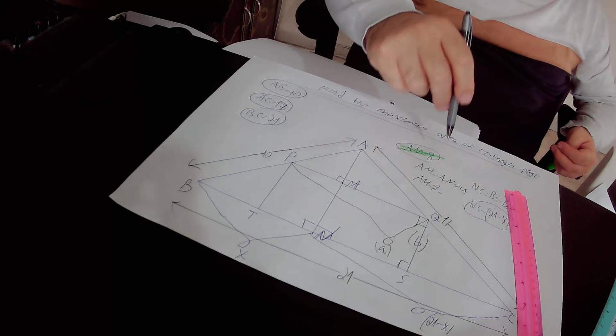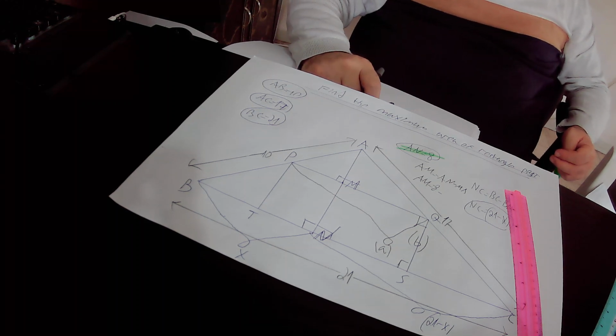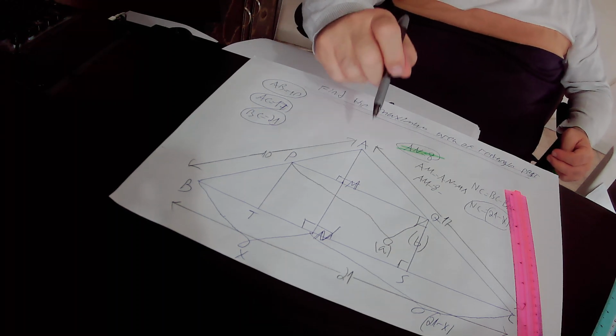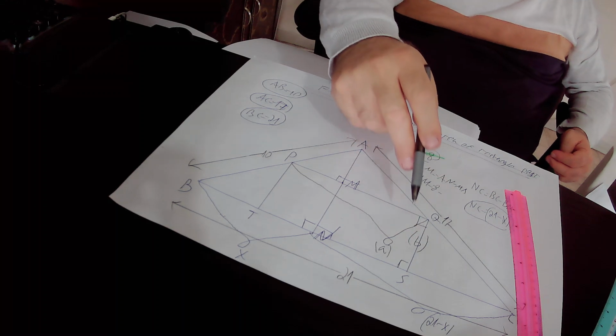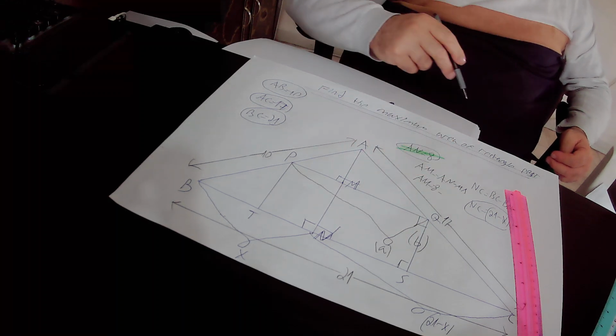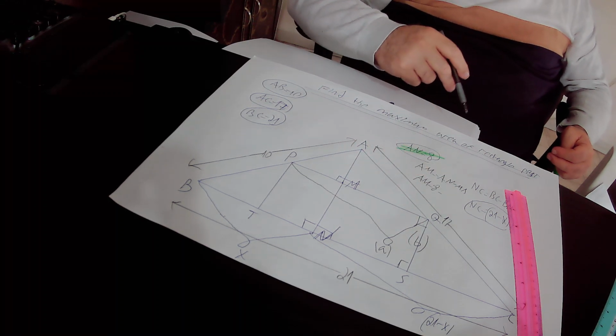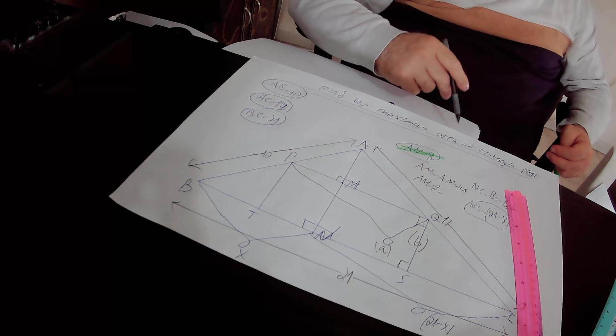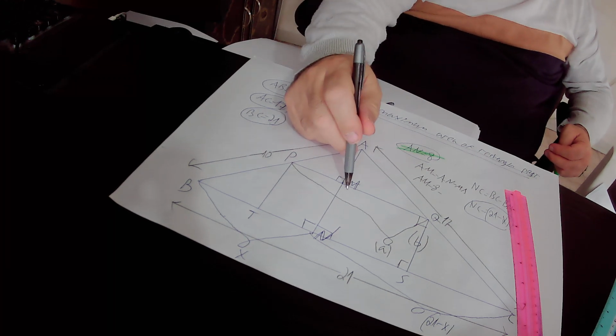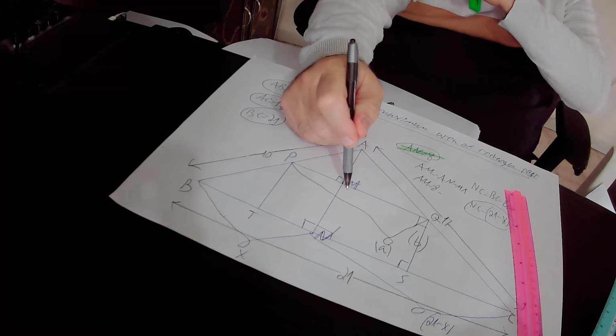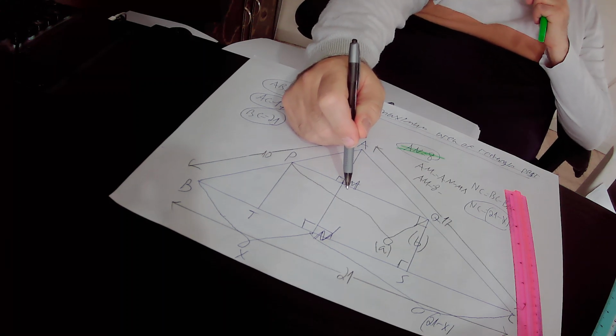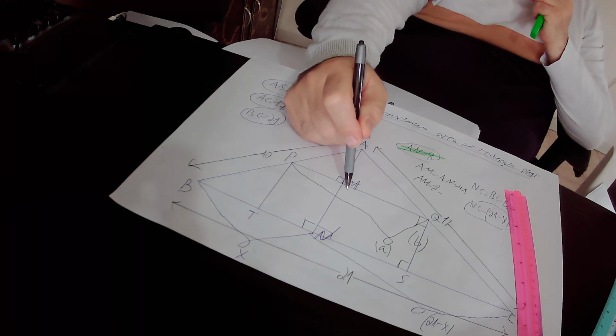Inside this small quadrilateral MQSN, we have 1, 2, 3 right angles. The sum of 3 right angles is 270 degrees. So 270 degrees plus the size of this fourth missing angle, in total it must be equal to 360 degrees, according to the rule that the sum of the angles in any quadrilateral is equal to 360 degrees.